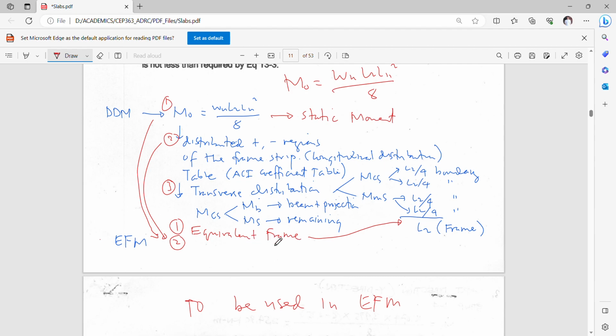It's just called an equivalent frame because at step number 2, we will make use of a structural analysis procedure of our choice, which is the advantage of the EFM, because in this step we can use software to handle the computation. So a more exact longitudinal distribution of your moments on the basis of the positive and negative regions along the frame strip can now be realized. The third step is just the same.